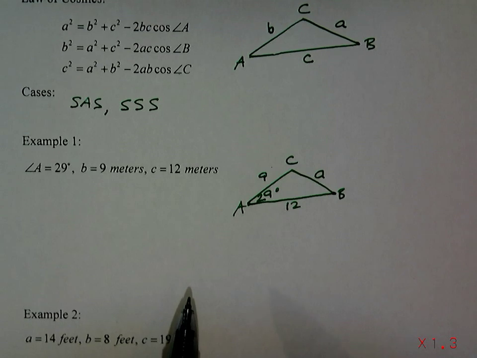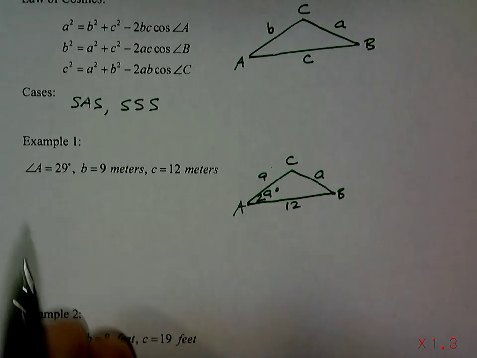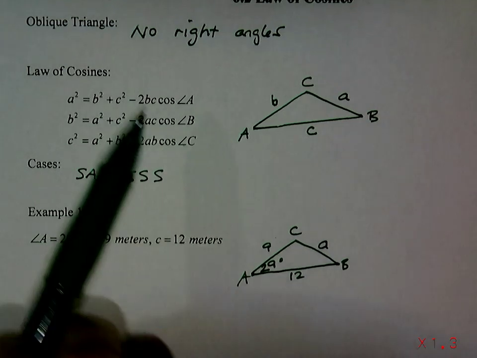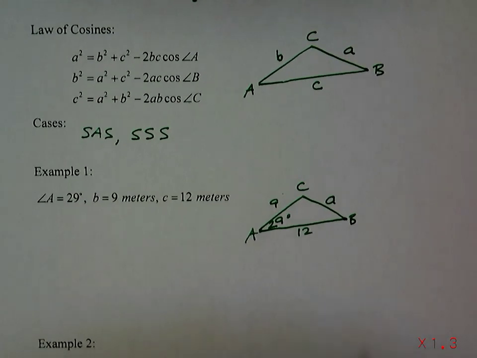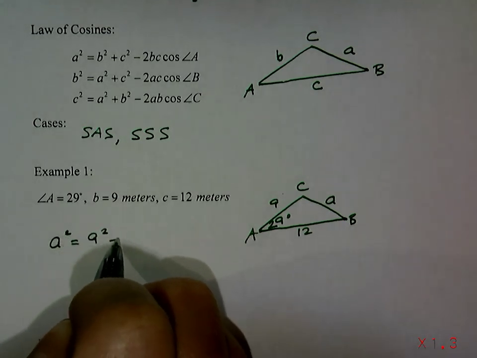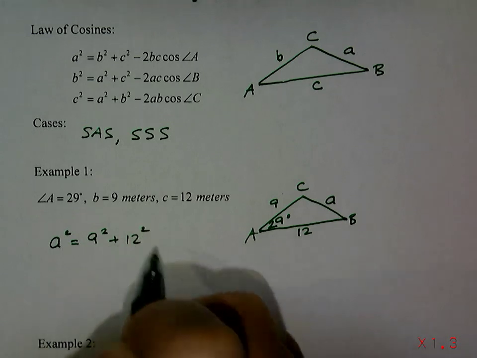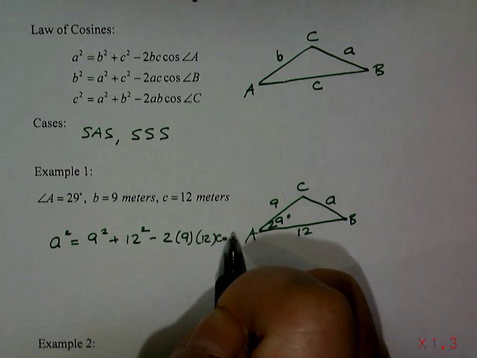So I'm going to use the law of cosines to find it. I have angle A, so I have to go back up to the three formulas, and I'm going to use the first formula because it's where I have angle A. When I fill it out, I get A squared equals 9 squared plus 12 squared minus 2 times 9 times 12 cosine of 29 degrees.